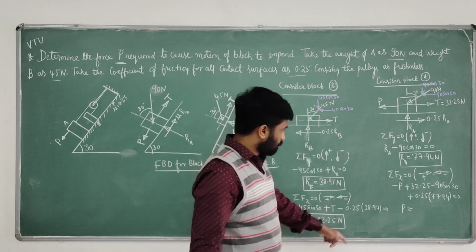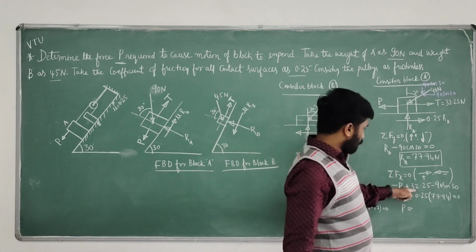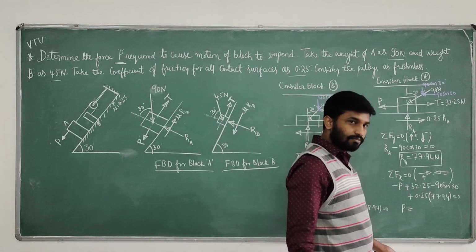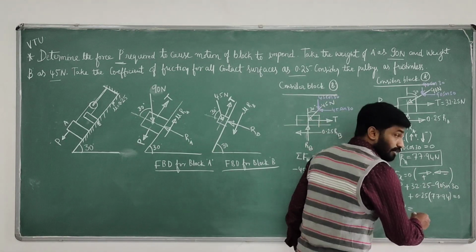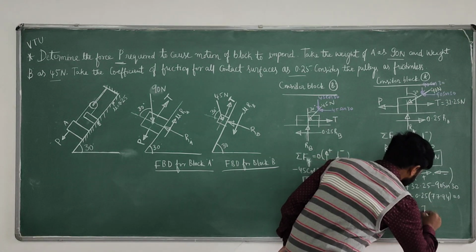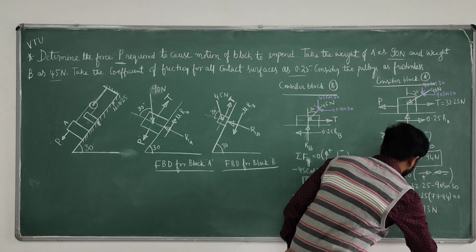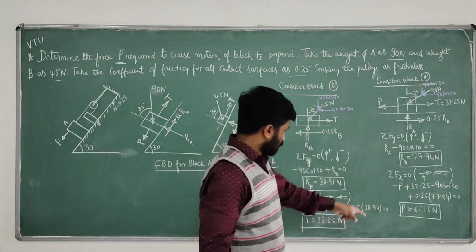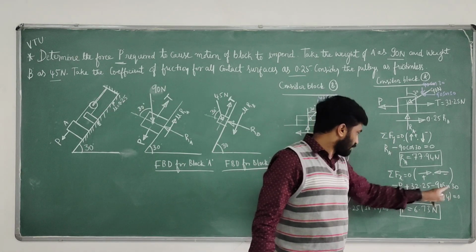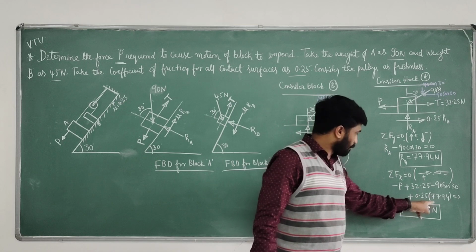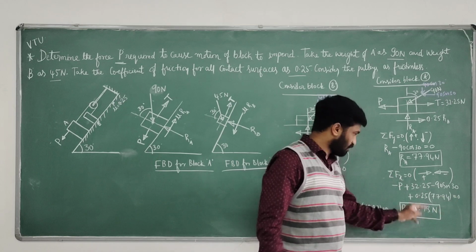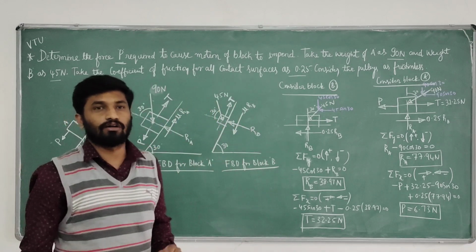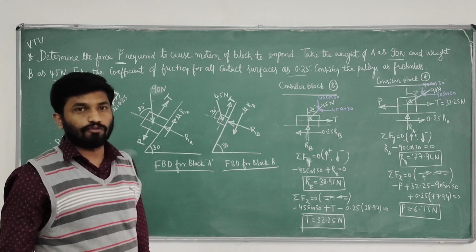It's a direct problem. What is the value of 32.25 minus 90 sin 30? 6.735. Total 6.735 Newton. So this is the P value. This is the P value required to cause impedance of the motion of block.